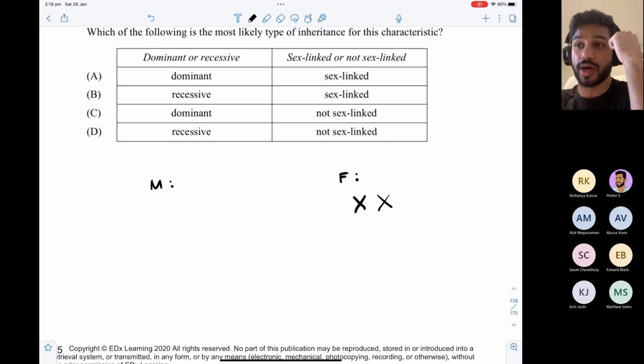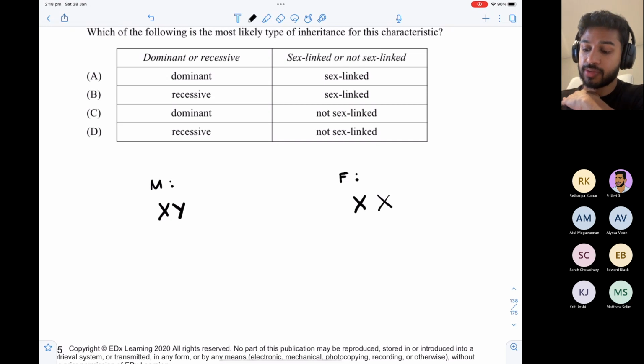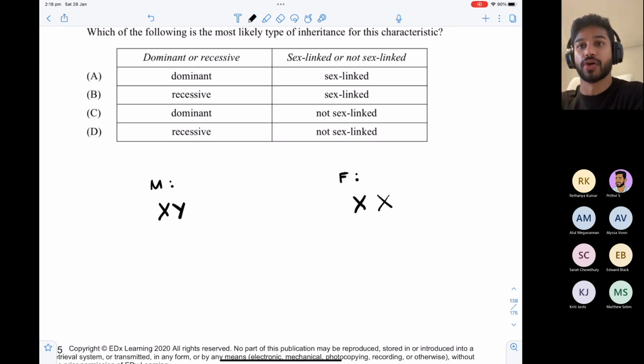I'd say even more high yield than pedigrees because it's kind of like the foundational information for you to even answer pedigree questions, right? Remember, sex-linked literally means lies on the X chromosome. Females have 2 X's, males have 1 X, right? And they have 1 Y. It's the Y chromosome that has genes that enables differentiation and development of the male reproductive system.